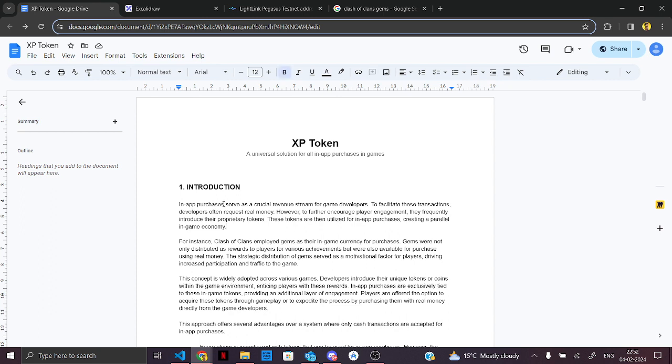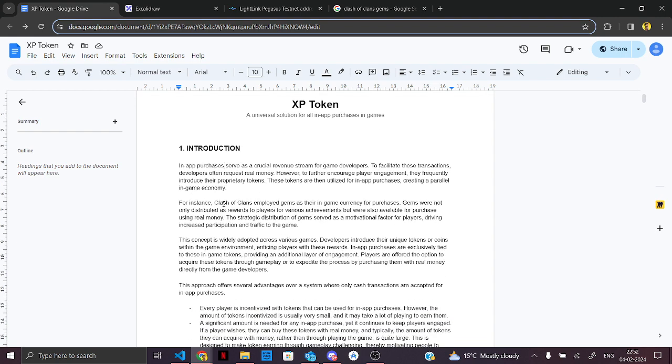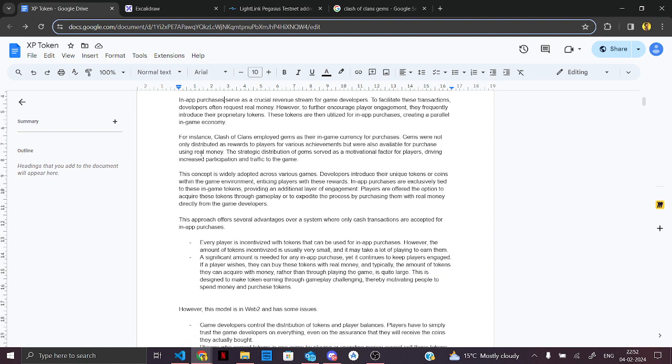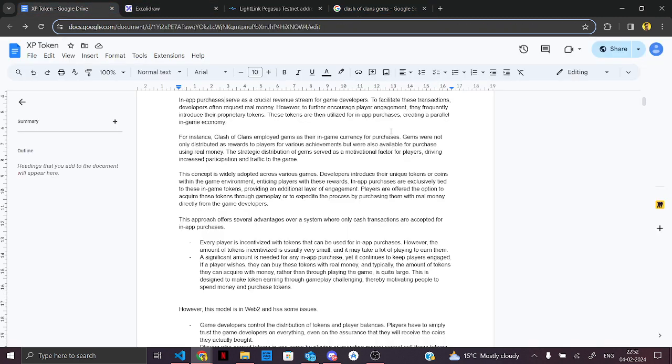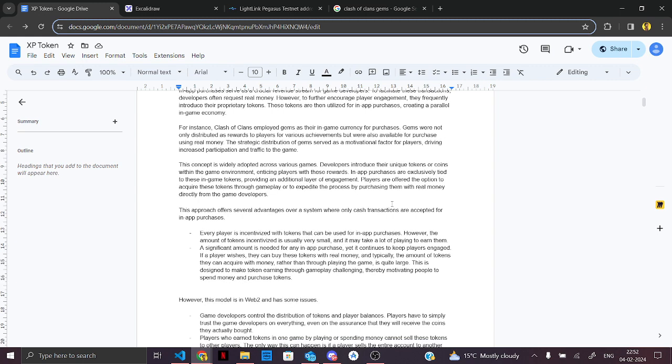First of all, we know that in-app purchases are very important. They provide revenue for game developers. Most of the time for in-app purchases, game developers create their own proprietary tokens. That used to happen in Web3 or Web2 also. Like in Clash of Clans, you have Clash of Clans gems. You have to buy these gems first, and using these gems only you can do in-app purchases.